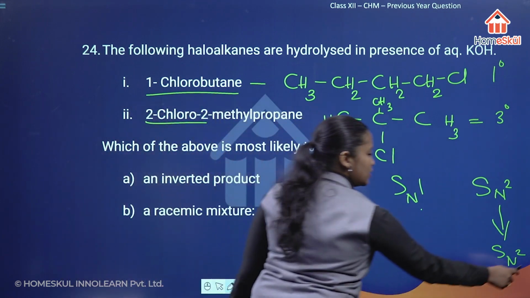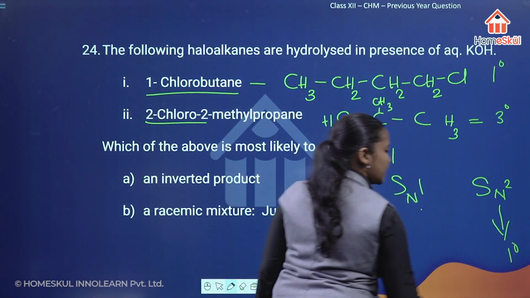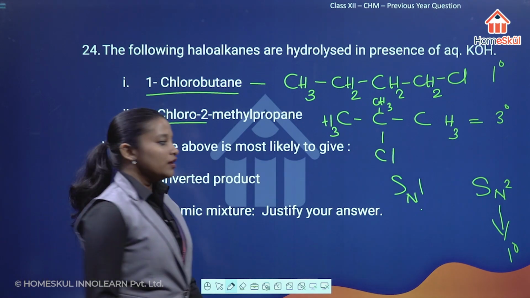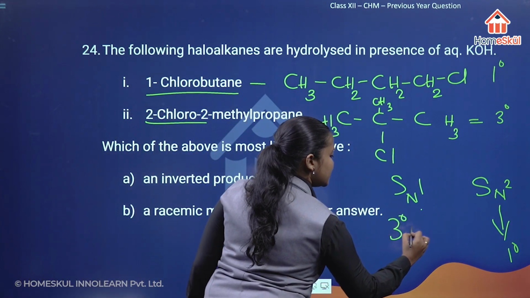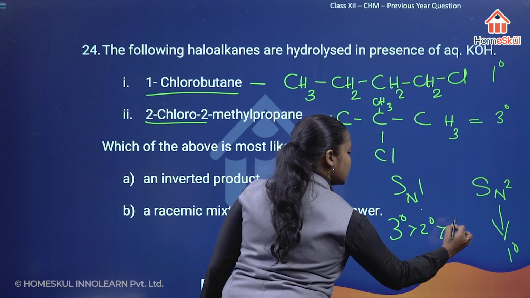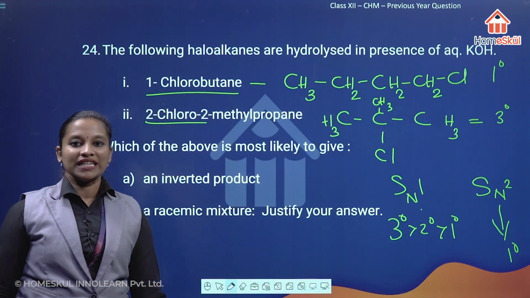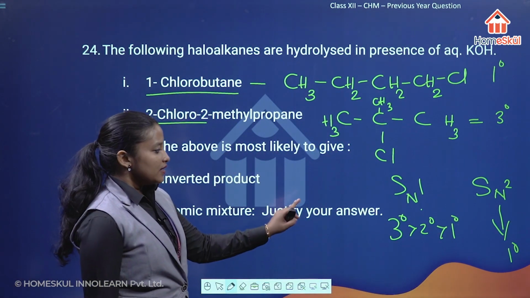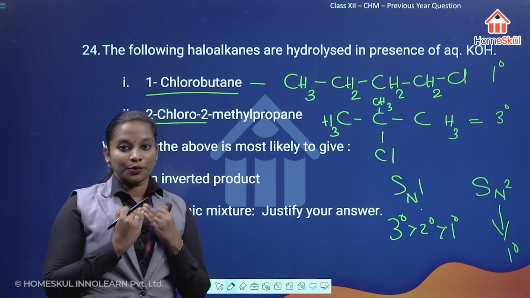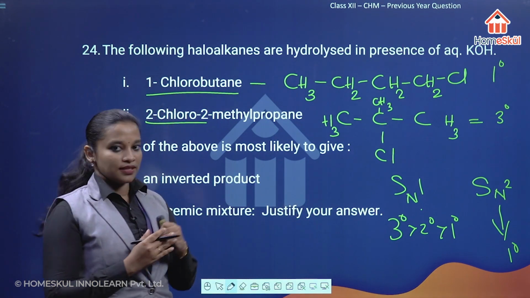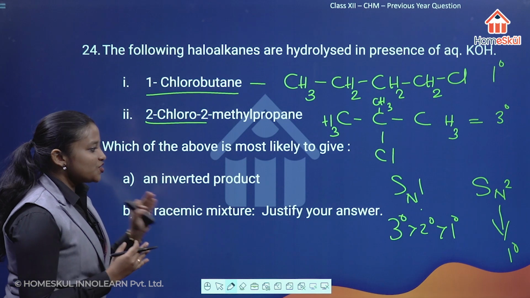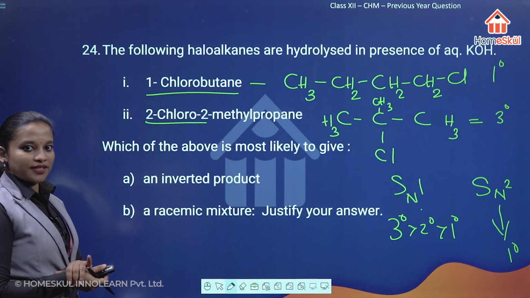If it is primary, it will undergo the SN2 mechanism. If it is tertiary, it will undergo the SN1 mechanism. This is the thing that you have to bear in your mind, and based on this, we will get two different products.